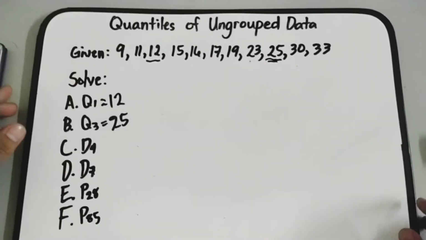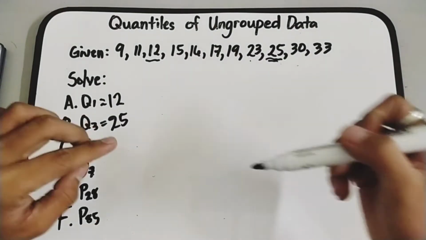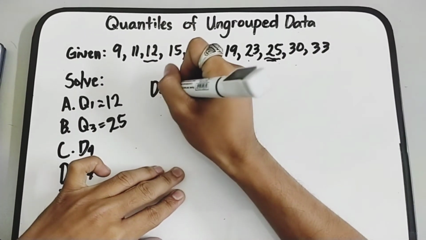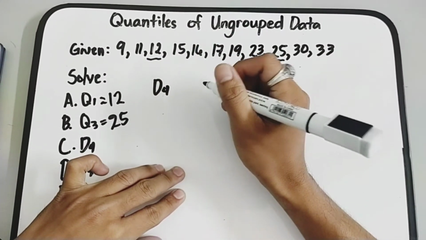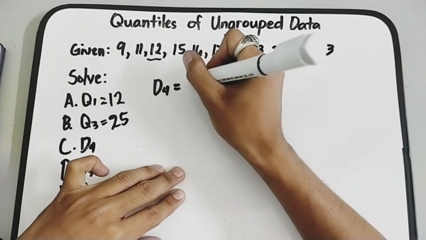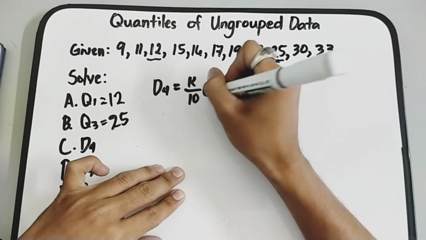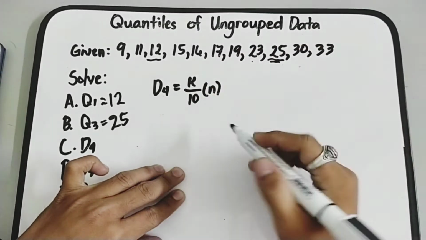Ngayon, hanapin natin yung sabi natin na decile 4. So, again, we are going to find decile 4. At kapag sinabi nga natin decile, we divide it by 10. And also times to our number of sample.